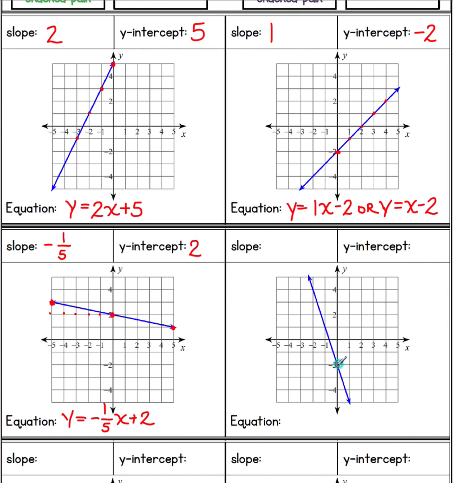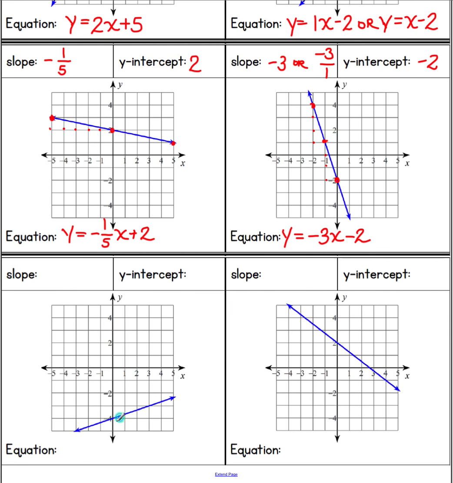Our y-intercept on this one is at negative 2. Looking for another point, it looks like there's another point, and there's another point, so we're going down 3, so a slope of negative 3 over 1, so negative 3, or if you like to write that as a ratio, negative 3 over 1. So y equals negative 3x minus 2.